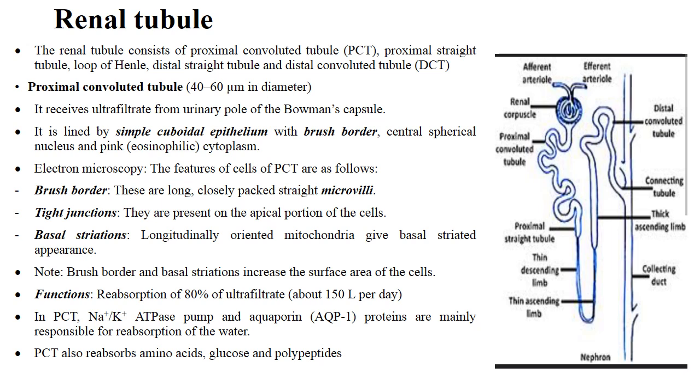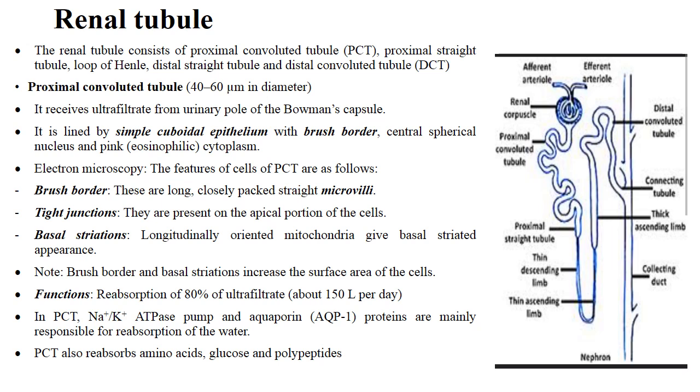Under electron microscopy, we can see in the proximal convoluted tubule there are brush borders. These are long, closely packed straight microvilli, and there is a tight junction over the apical portion of cells.